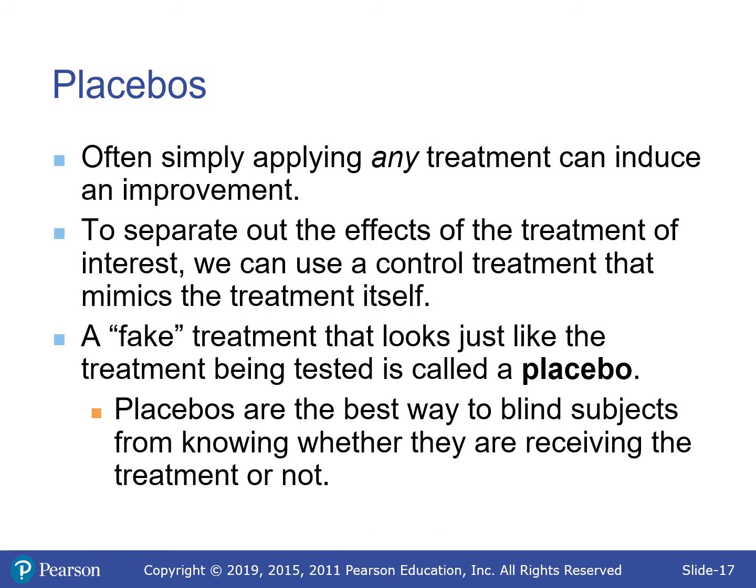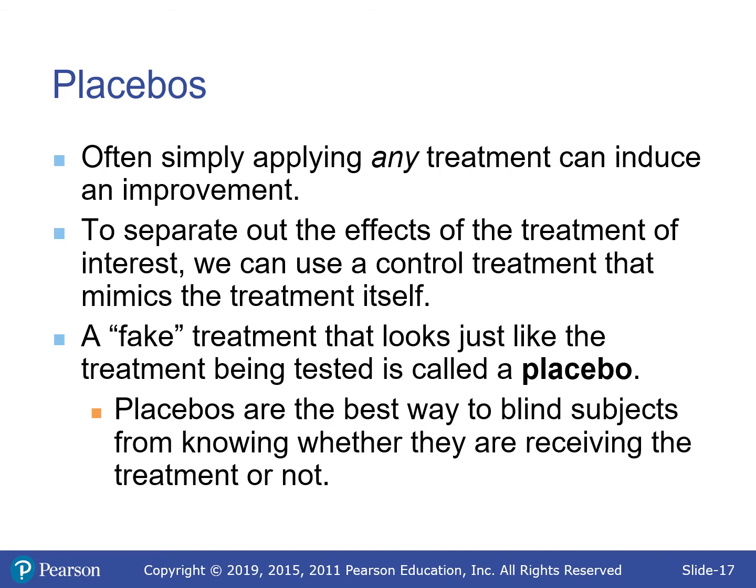So here's the placebos. As I said, if you think you should be getting better or doing better, chances are you do. And so to counteract this, the people in the control group generally get a fake treatment. A lot of times it's called a sugar pill. It's a placebo.